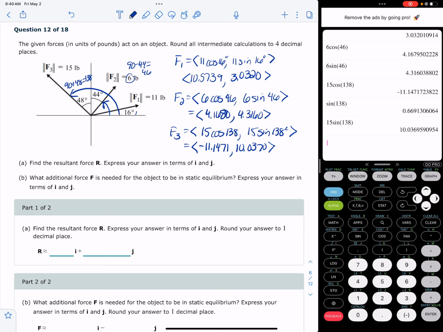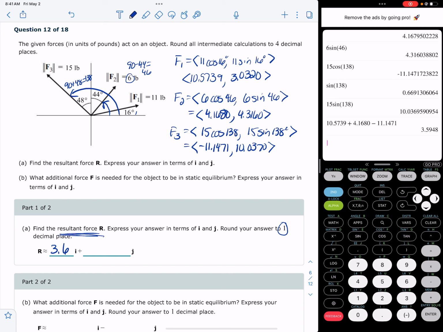Okay, so now to find the resultant force, we add the i's. And we get that, and it rounds to 1 decimal place now, so 3.6.